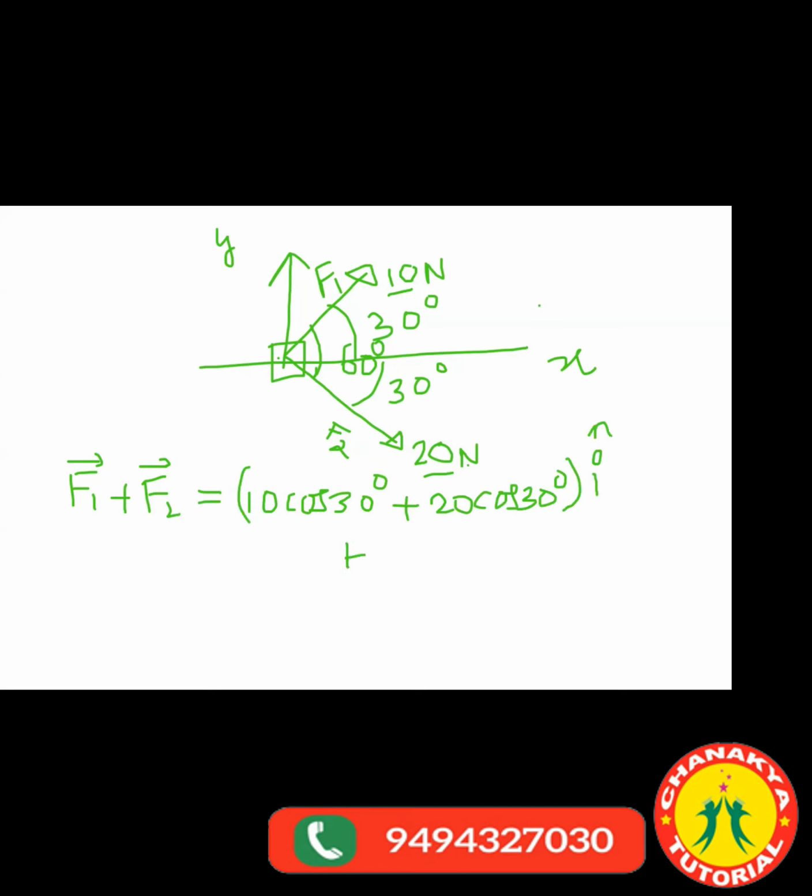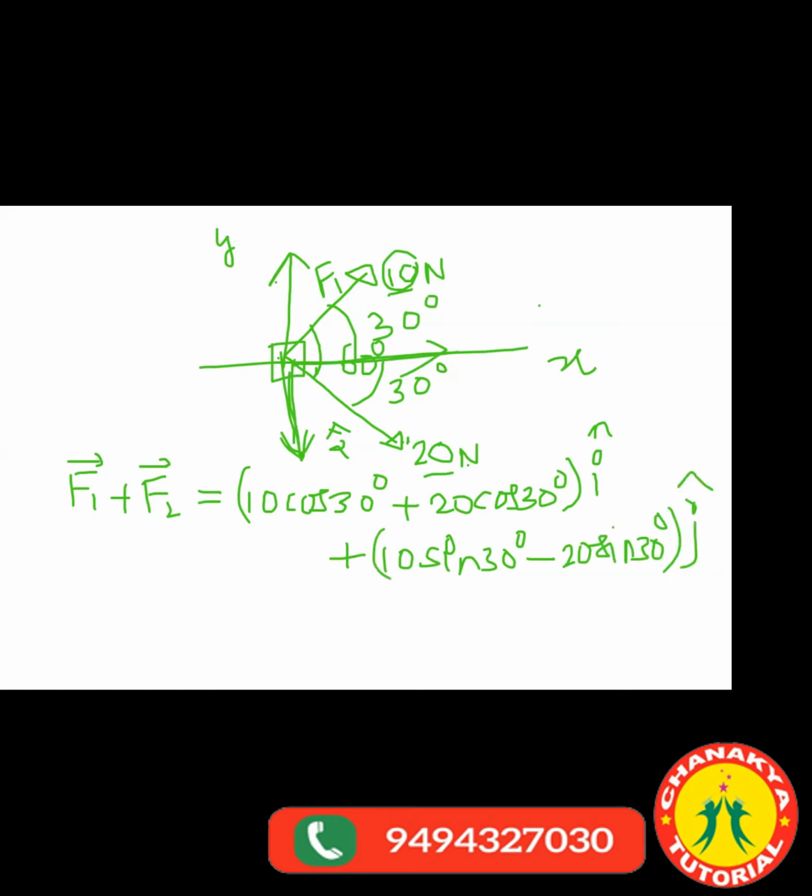Plus, what is in the y direction? F1, that is 10 sine 30, minus, why minus? Because this component cannot go here, it should come here only. This is one component and this is one component. So that will be 20 sine 30 j cap. This will be your answer.